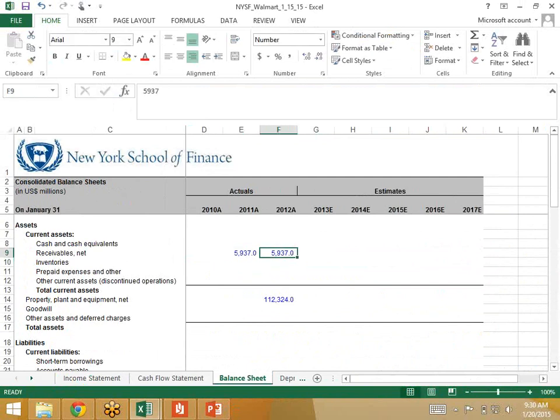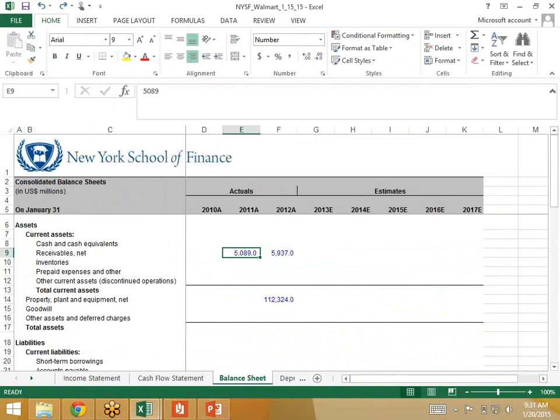If 2011 was 5937, then maybe this hadn't moved in a year. So for that reason, in the formula, we don't just take accounts receivable divided by revenue times 360. We look at the average of accounts receivable between this year and last year divided by revenue times 360. So just note that. We look at the average because this is a year-end balance. We don't know how this looks at the beginning of the year.